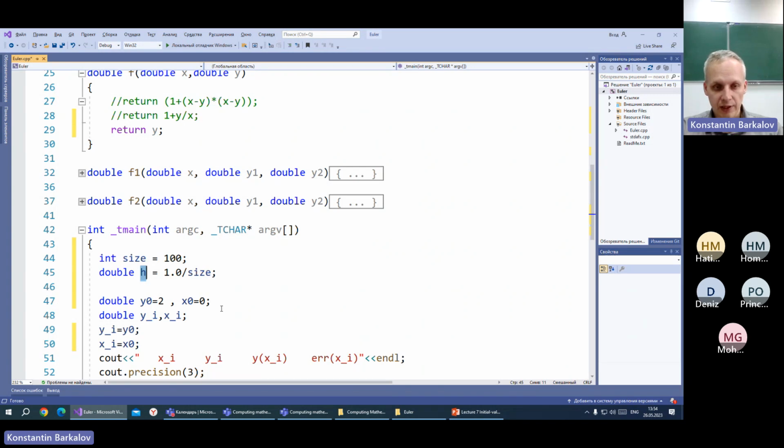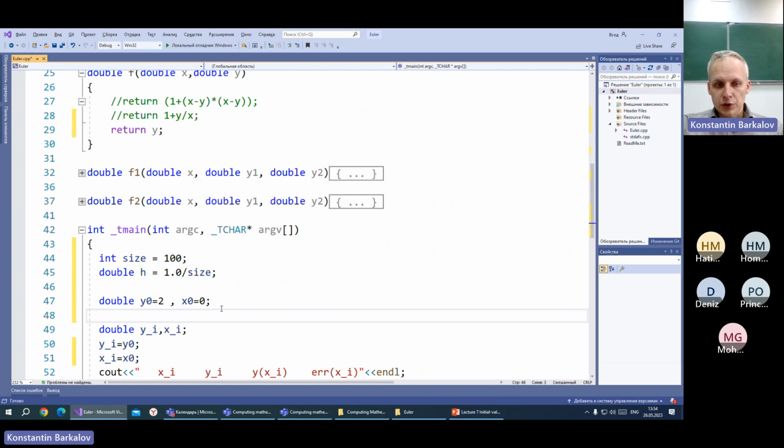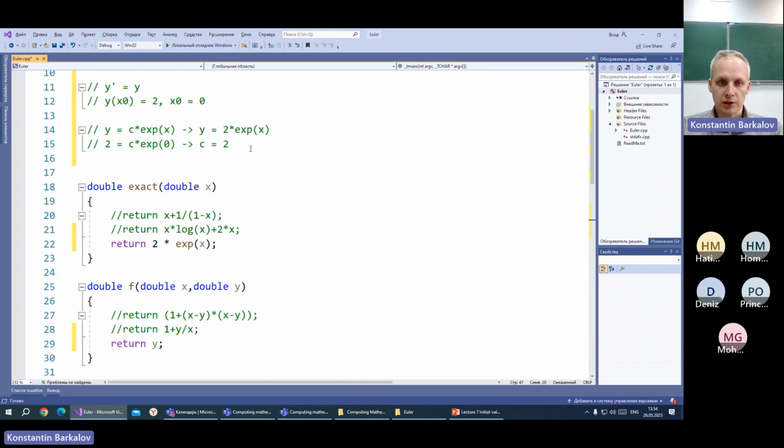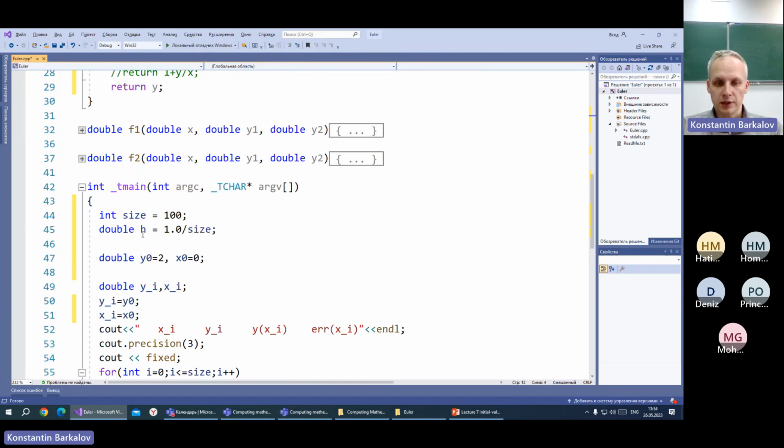Okay. After that, we should declare the initial conditions: y0 equals 2, x0 equals 0. These are the initial conditions that we take from the problem statement.